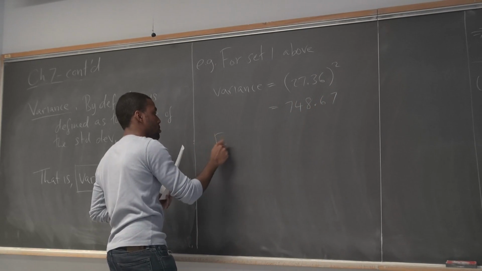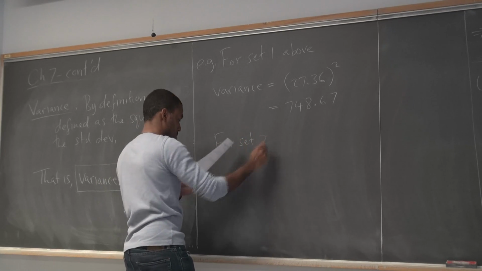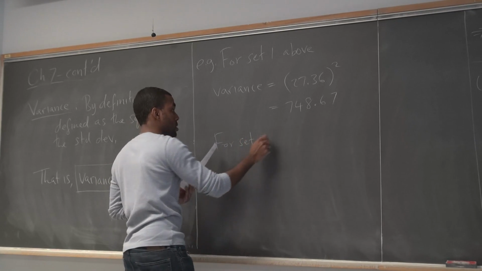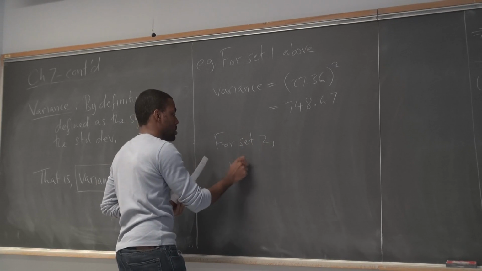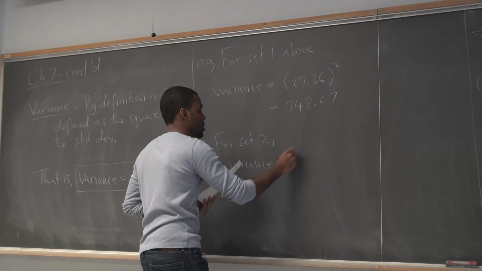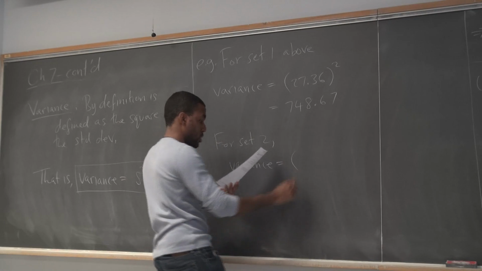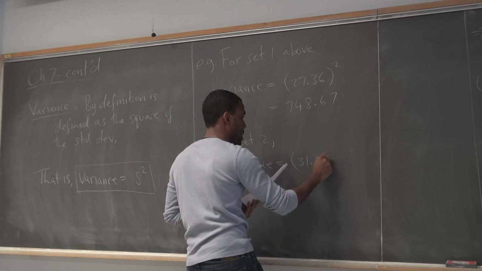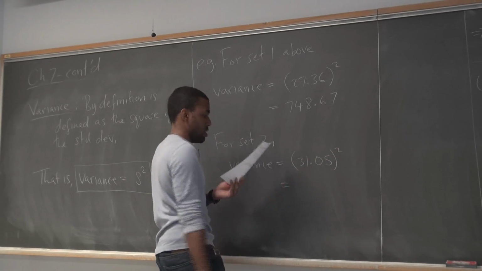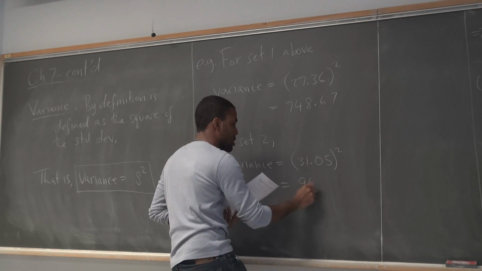And for set 2, variance was equal to our standard deviation squared, which was 31.05 squared, which is going to be 964.